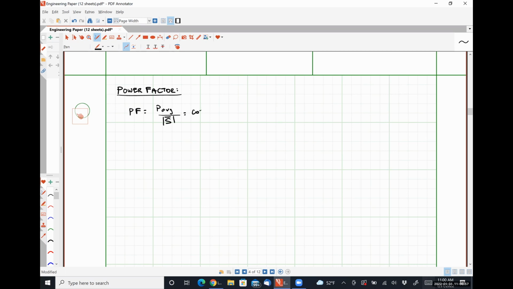And this is the same as the cosine of theta v minus theta I, or cosine of our power factor angle theta s. Power factor is a measure of the efficiency of power transmission to or from a network.